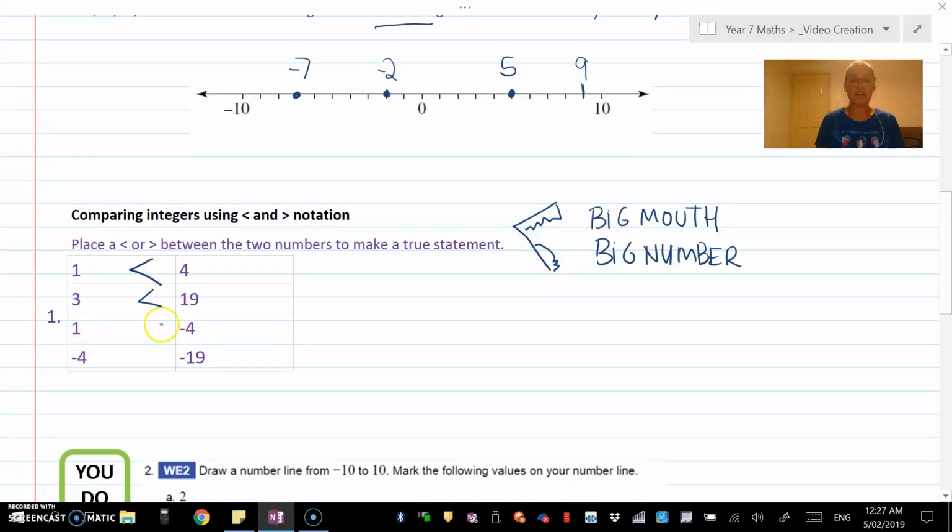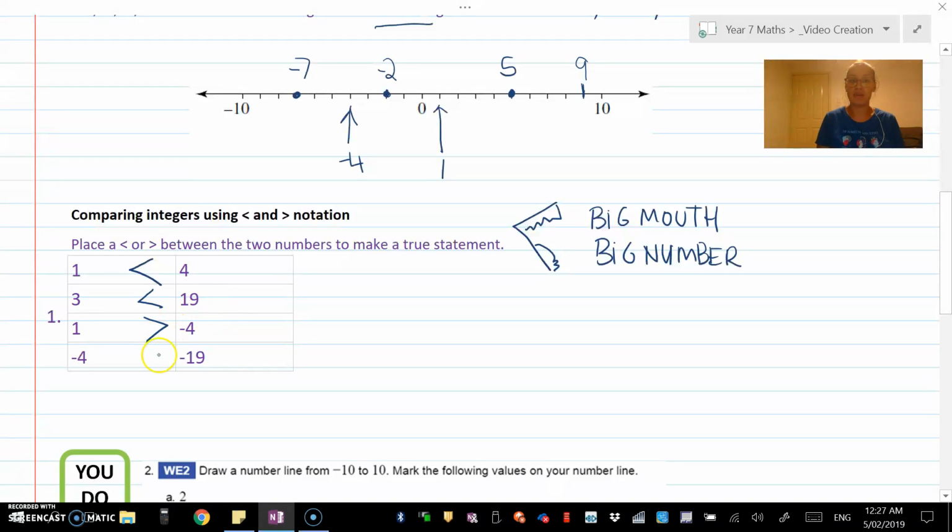And with this one here, even though the number 4 is larger, it's actually a negative number. So if we have a look back up at our number line here, there's -2, -3, -4. -4 belongs here, and +1 is here. So +1 is this end. It's actually the larger one, so we're going to do it this way.